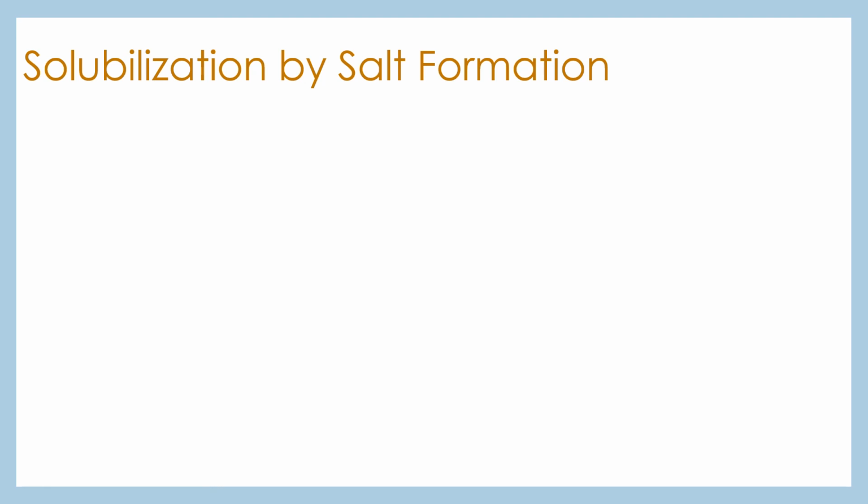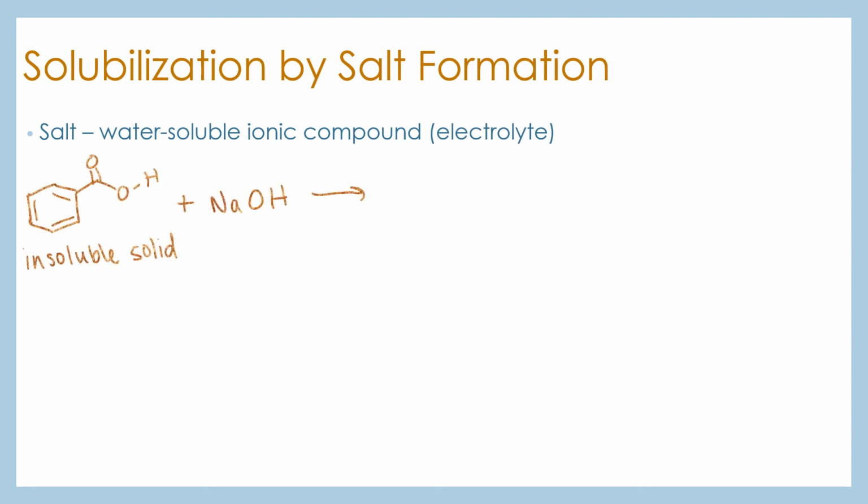Okay, last topic here is the solubilization of organic compounds through salt formation. So a salt is a water-soluble ionic compound, an electrolyte. And for example, you can take an insoluble solid such as benzoic acid and react it with sodium hydroxide.